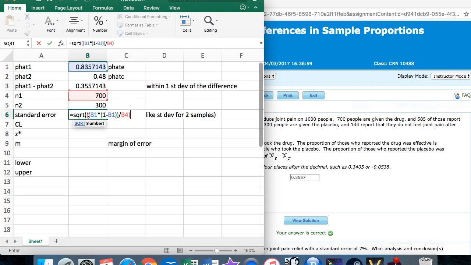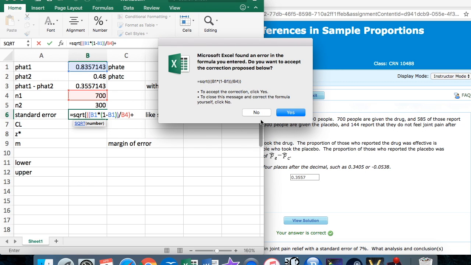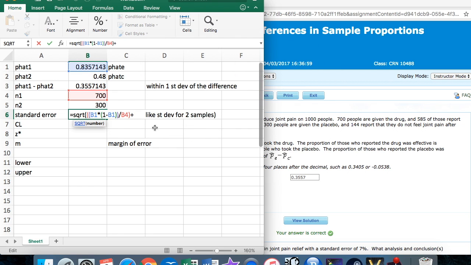So now do the same thing. Oops, I accidentally hit enter. Okay, so now open 2 parentheses again. Just like before, for this one part, we opened with red and ended with red. The square root's the black one, so we don't want to end that until the very end.